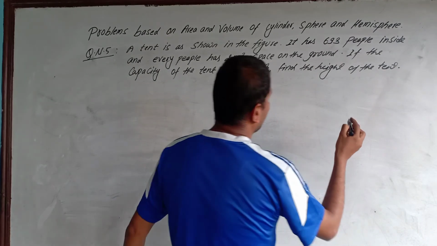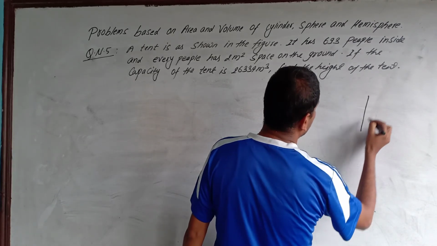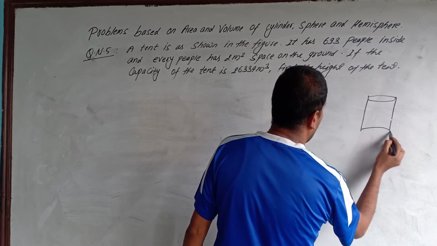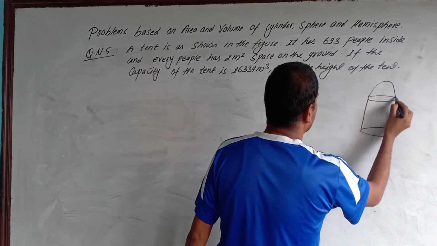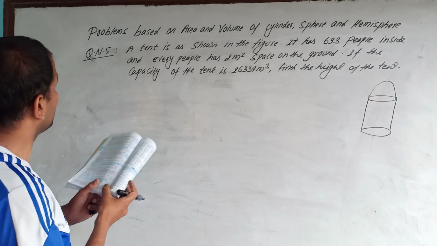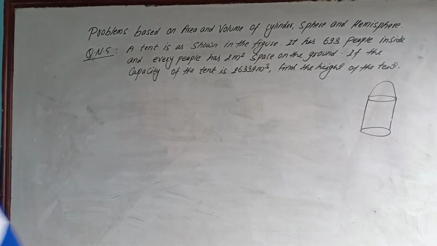Here it is given that there is one tent in the shape of a cylinder, and on the top of the cylinder there is a hemispherical tent. A tent is shown in the figure.